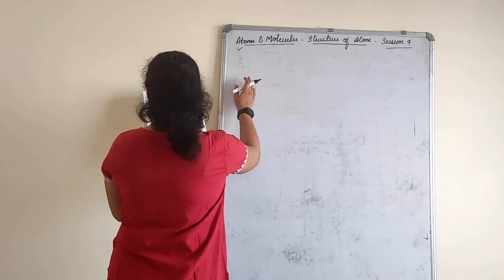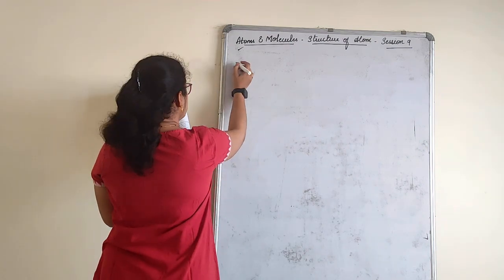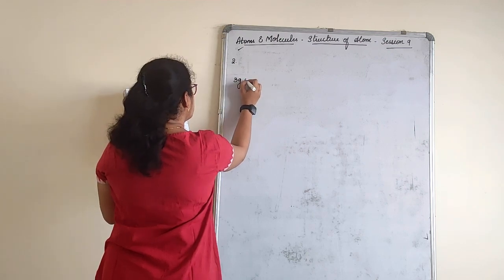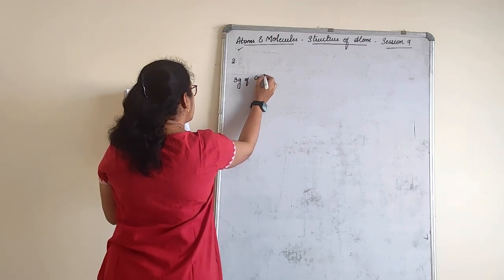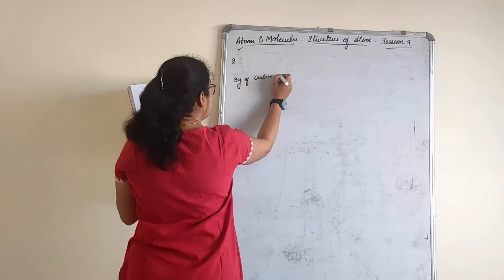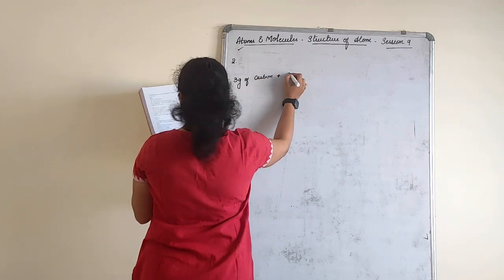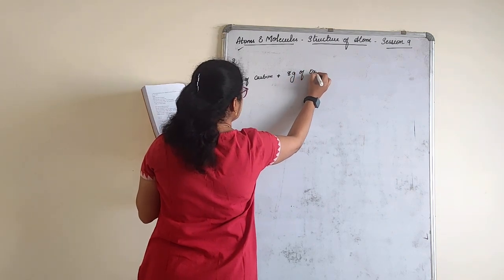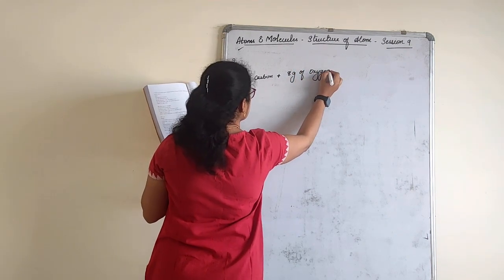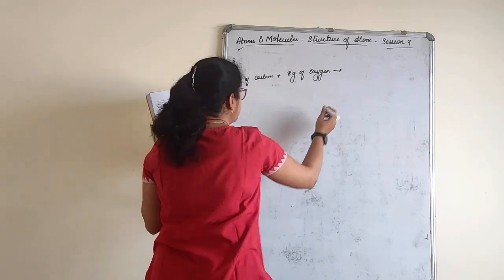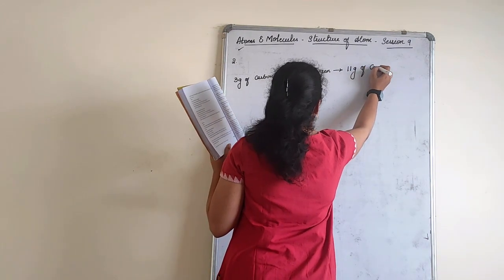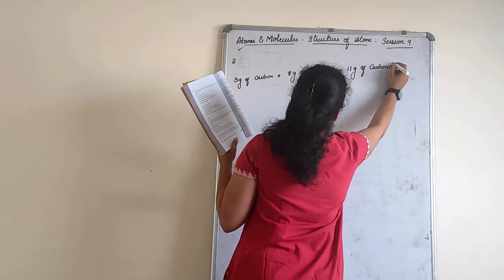Let's just check. According to the first question, what they have given is 3 gram of carbon combines with, I use the word plus here, 8 grams of oxygen to give 11 grams of carbon dioxide.